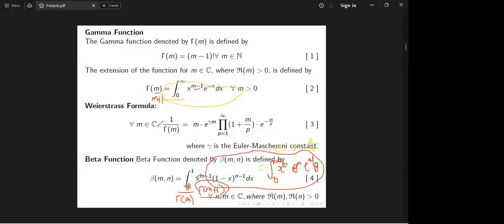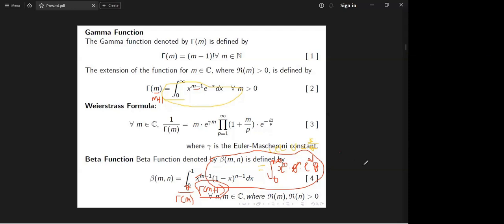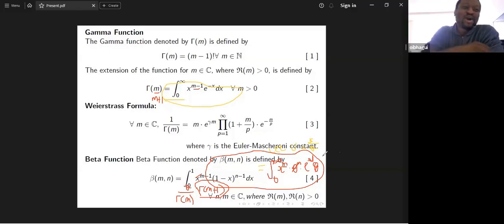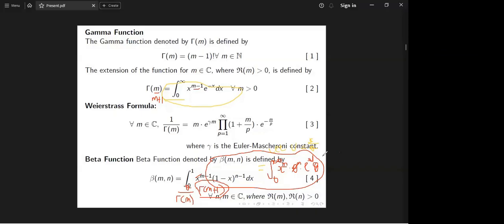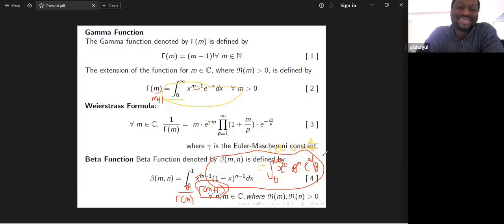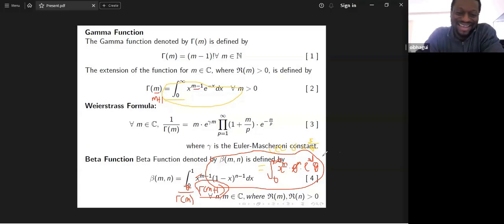It was just not applied in the scope of the study as of now. Every real number is a complex number, but not all complex numbers are real. I just want to make sure that you know exactly what you're doing. Equation 3 is more general than 2, than the natural numbers. Yeah, that's correct.